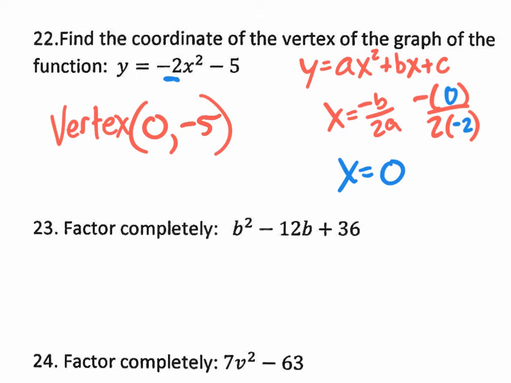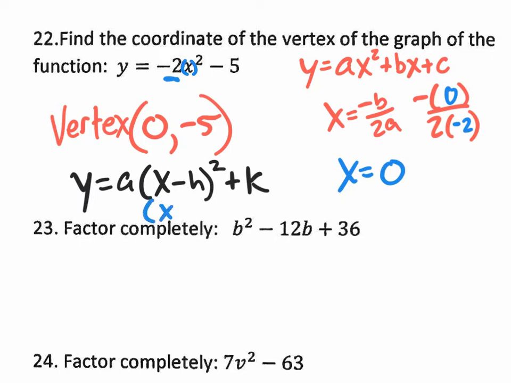Yeah, you could have forced vertex form. What is vertex form? It's y equals a parentheses x minus h close parentheses squared plus k. So you would have to imagine that there's parentheses around the x. Now, because there's no other x's, I could actually do that. I could put parentheses around that x, and it would be x minus h, which there is no h, so that'd be a 0 there.